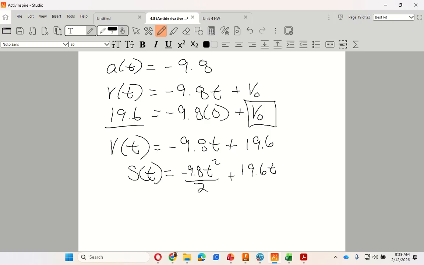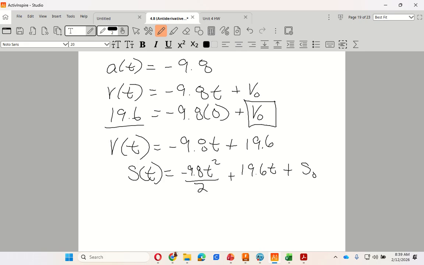Am I missing anything? Plus c. But what is my c on this one? Initial position. So it's going to be plus s sub naught, which is my initial position. Do we know what the initial position was? Yeah, very good. But what if they didn't give me the initial position, they just gave me some position?